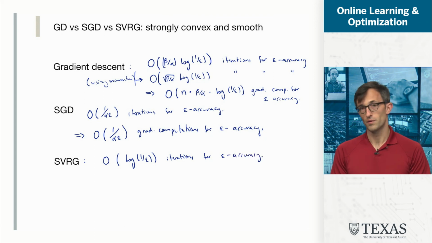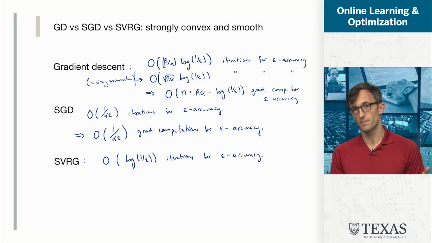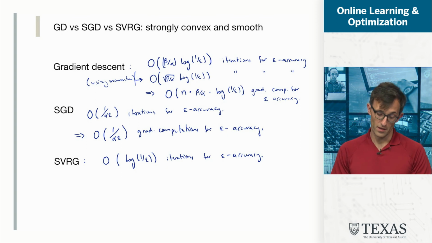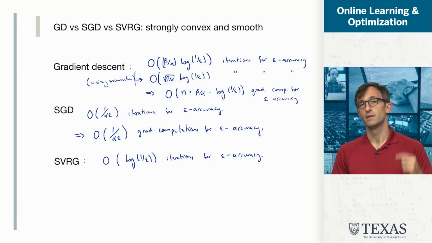If you recall, for the specific numbers we chose of step size being 1 over 10 beta and the number of inner iterations being 10 times the condition number, in other words, 10 times beta over alpha, we saw that the convergence was 0.9 to the number of iterations. That was the contraction factor. So it's 0.9, in contrast to something that depends on the condition number. It doesn't depend on the condition number.